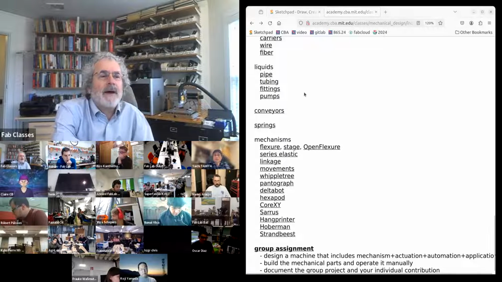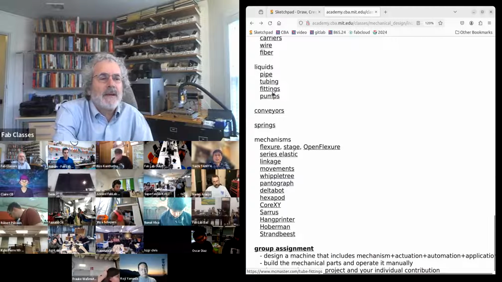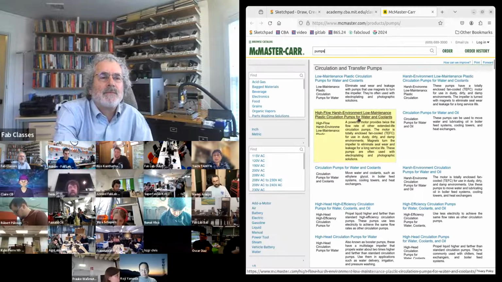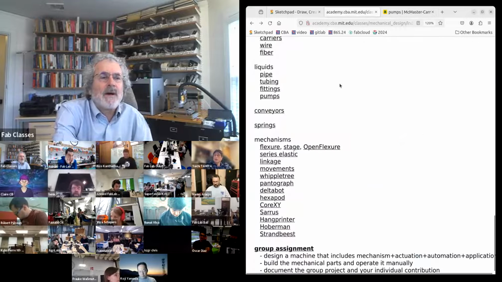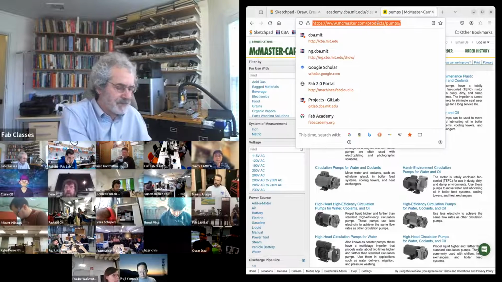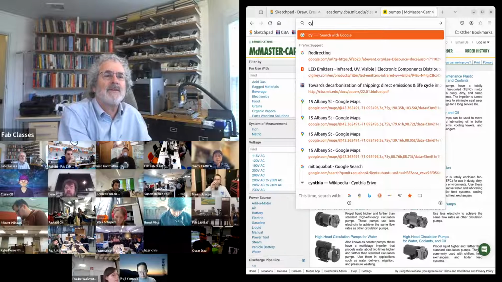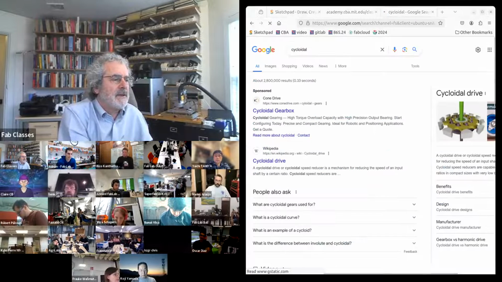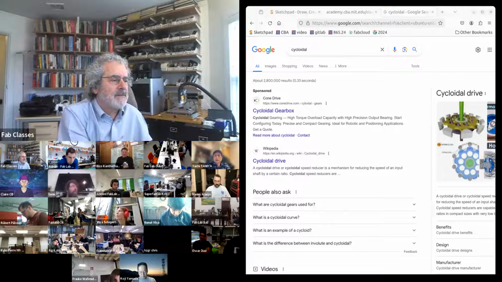I won't say much about plumbing, but there are standard fittings for plumbing. The one thing I'll mention is for pumping liquids, there's a number of types of pumps, but let's see, two particular kinds.